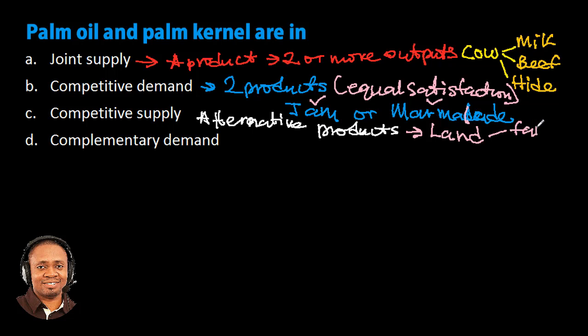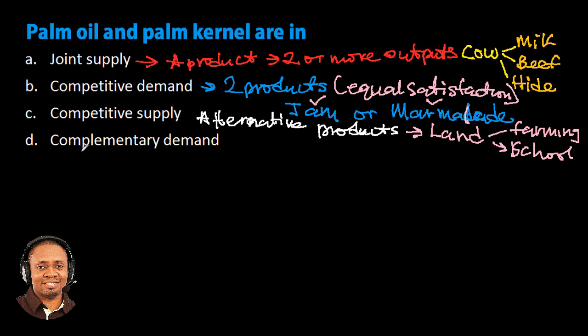Let's say the land was formerly used for farming and later it was diverted to a building, a school building. So this is when a product is later diverted for another purpose. This is competitive supply.